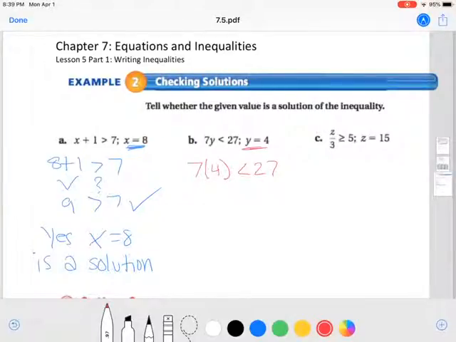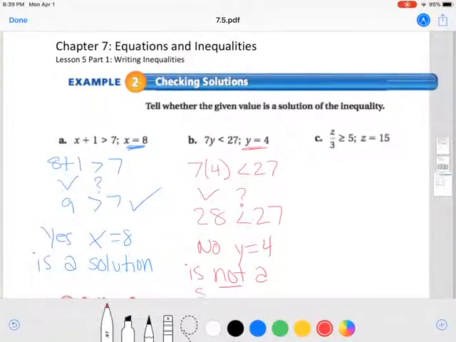Well, we know that 7 times 4 is 28. And is 28 less than 27? No. So y equals 4 is not a solution.